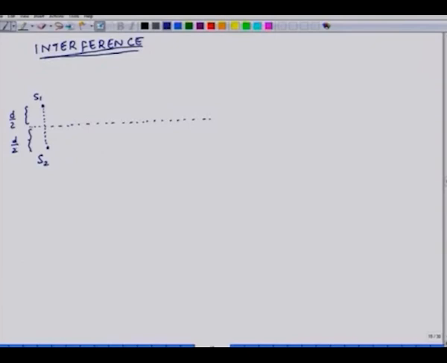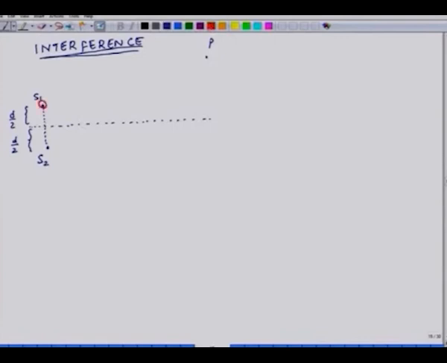Now, I am interested in finding the sound pressure level at this point, and let us say this point is P, and the pressure here is lowercase p, and that is what I am interested in finding. So, this is my origin, this point.